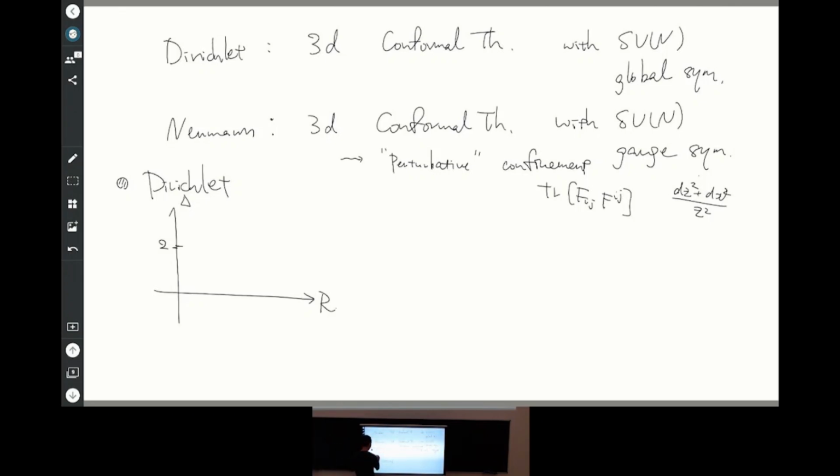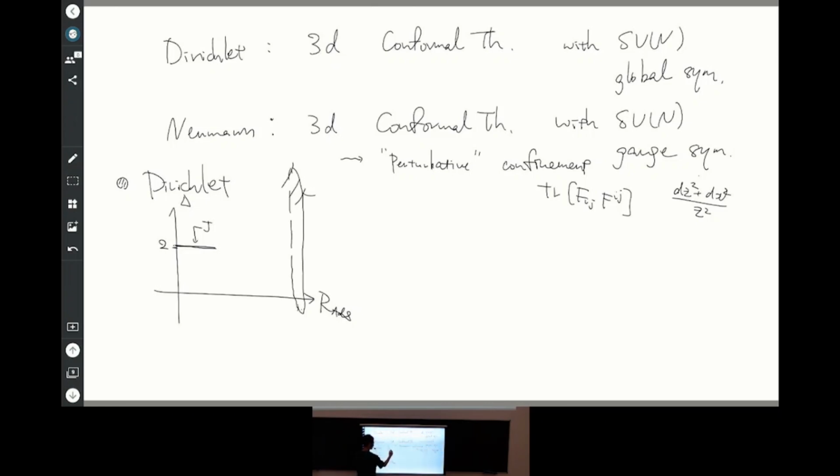And this should have exactly dimension 2 because of the conservation law. So this is what we expect to happen, at least in the small AdS radius. On the other hand, we don't expect to see this kind of operator in the flat space limit, because first of all, in the flat space limit, we believe that the Yang-Mills theory has a mass gap.